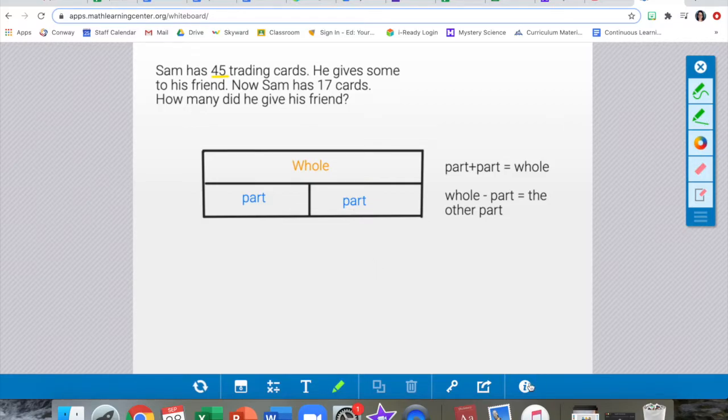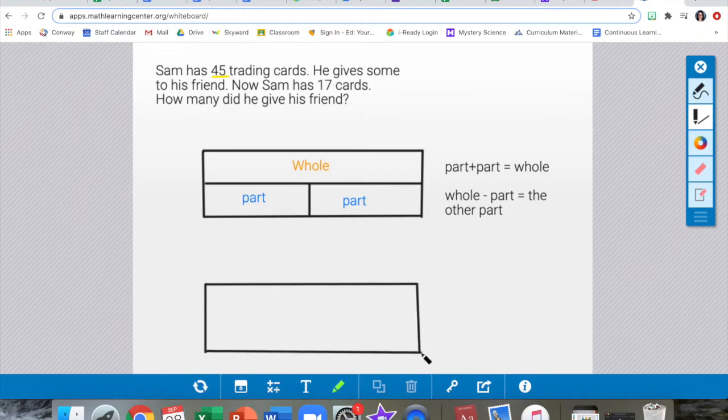Okay, let's make another one of that chart so that we can complete it and solve this story problem. Get my black and make another chart. Two equal bits, but the bottom is going to be split into two parts.